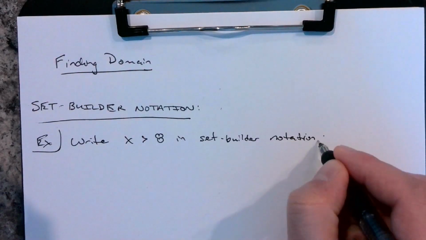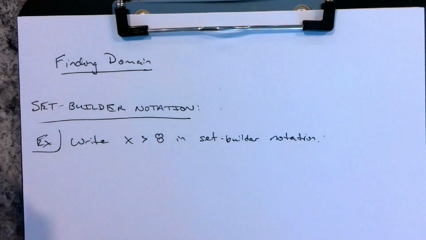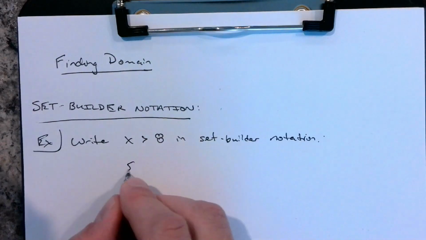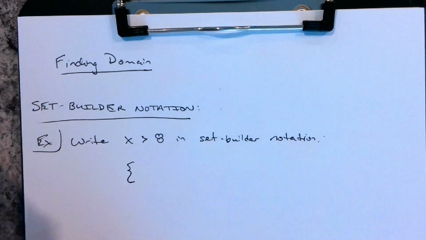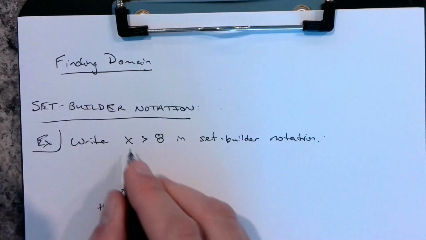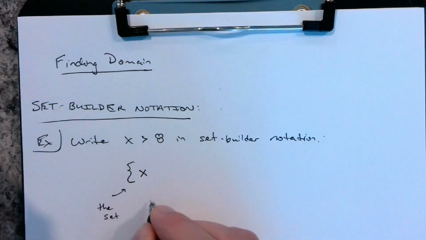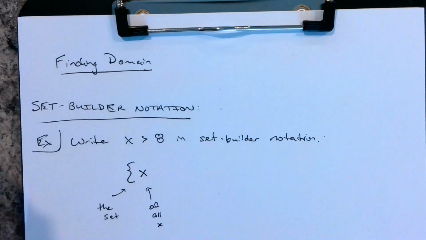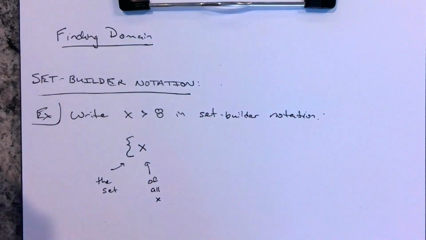the way you do this is typically a set is written inside of curly braces. So you start with a curly brace, and that means the set. And then you put the variable, in this case it's x. This means a set of all x. And then we put a bar here.